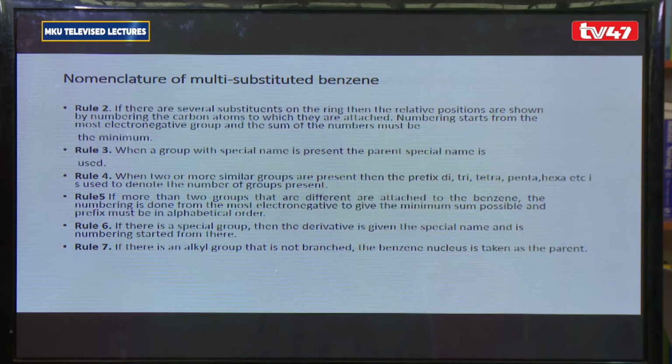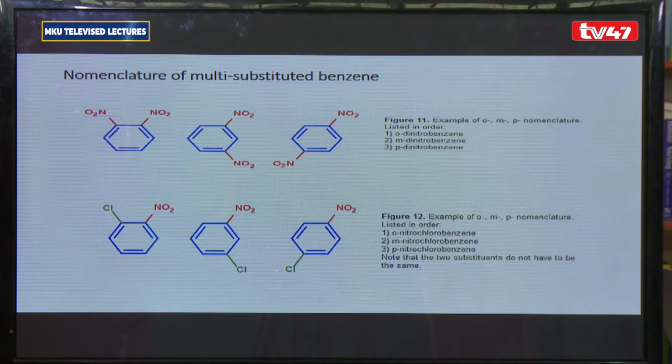If there is a special group, then the derivative is given the special name. I have already talked about methyl benzene being toluene. If we have aminobenzene, the molecule is referred to as aniline. So in that case, the benzene compound becomes aniline, and the other group becomes a substituent if it is not a preference group. If there is an alkyl group that is branched, then the benzene is taken, and if it is not branched, then the benzene nucleus is taken as a parent. So we're looking at some examples.